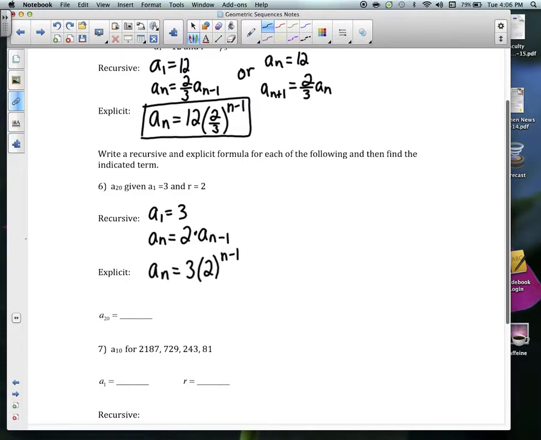Now in this situation you don't have to use the parentheses, but I like to use it pretty consistently. And then if we're finding A20, we just plug in 20. And this should give you a fairly big number.